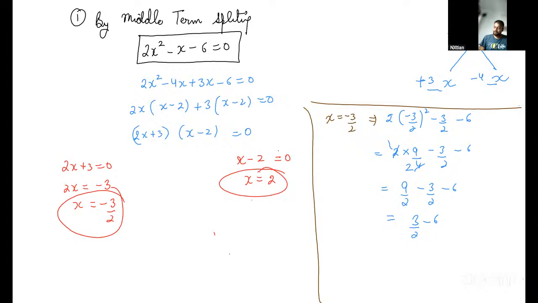I did something wrong. No, no, it's correct. No, no, it's wrong. Because here it will come like this: minus, minus, plus, plus.